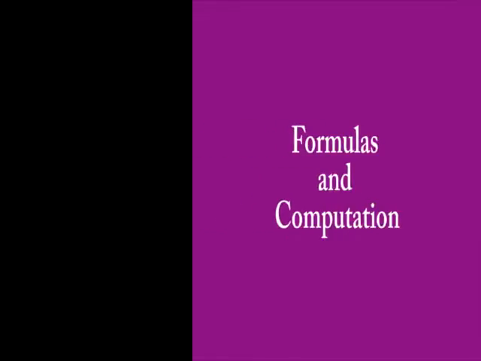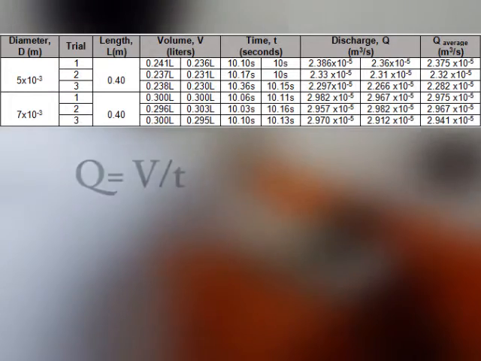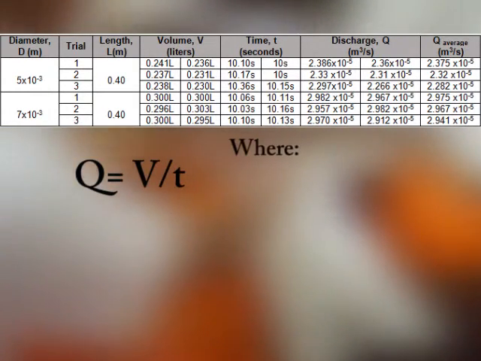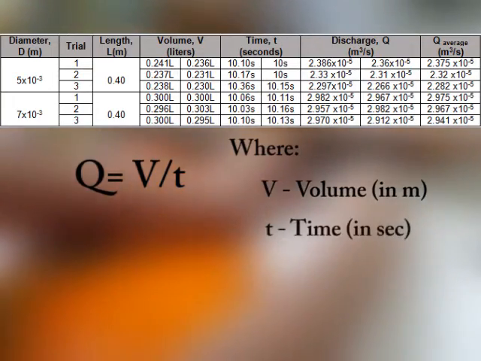Formulas and computations. The discharge is taken using the formula Q equals V over T, where V is the volume in meter cube and T is the time in seconds.